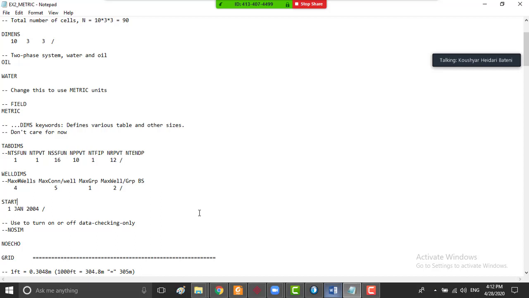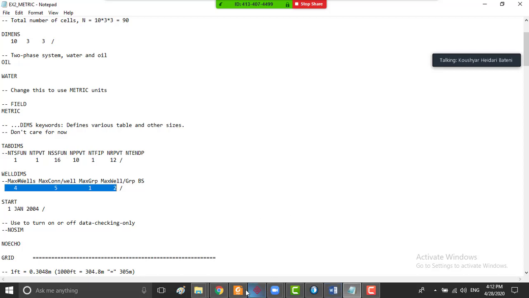Okay? So WELLDIMS is a keyword that can contain 10 data fields, but here we only included 4 of them. For the other 6 fields, the simulator is going to consider the default value.